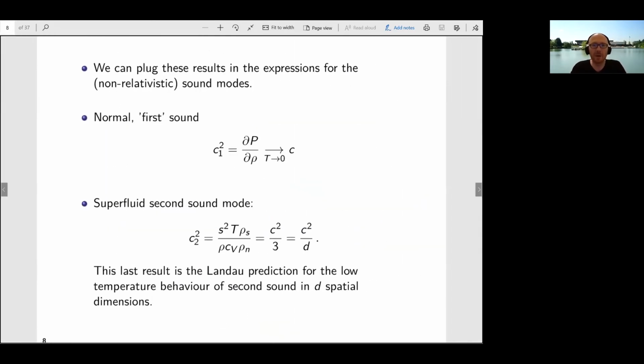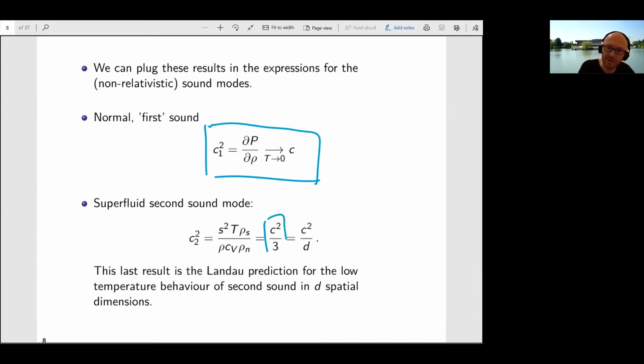Now, you can plug in these results in the expressions for the sound modes. And for the normal sound, so this guy, you would find that this is just C. So your linearly dispersing mode is actually governing the speed of normal sound. But for the superfluid sound mode, you would find a slightly different result.